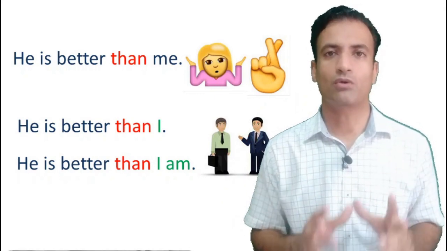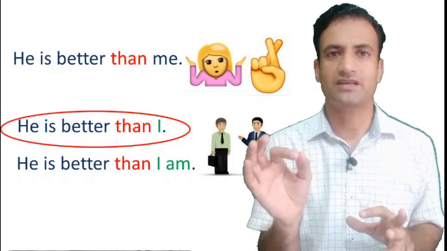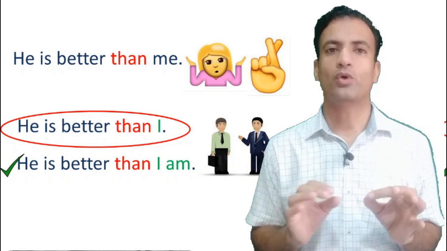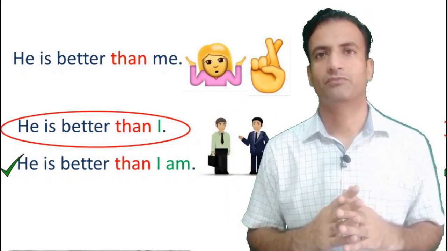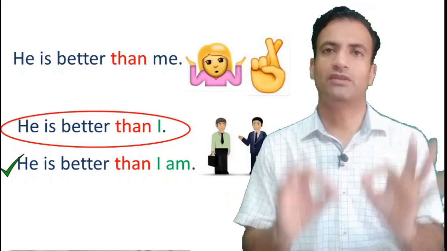And if you do not want to sound awkward by saying "he is better than I", then the safest and the most correct and appropriate option would be to expand it to "he is better than I am", which can be used in both formal as well as informal communications without any dispute.